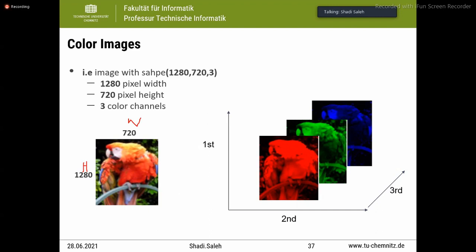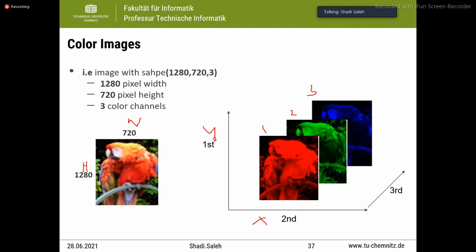And we have the three channels. That means this is represented by X, Y, and these steps: channel 1, channel 2, channel 3. This is the common approach to represent the image.